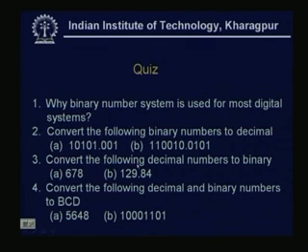This is just for practice: convert the following binary numbers to decimals, because here they are in base 2 and I have to do the reverse one. Again here it is binary to decimal, and convert the following decimal numbers to binary, and convert the following decimal and binary numbers to BCD. So, I will stop today's class, and these digital number systems will be continued in the next class.